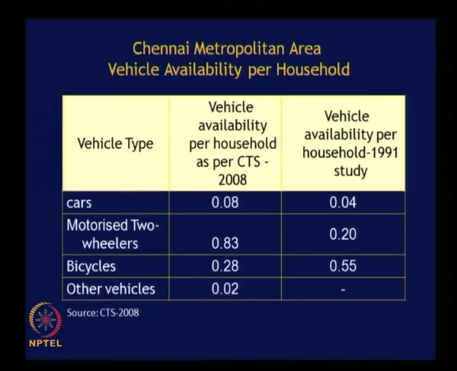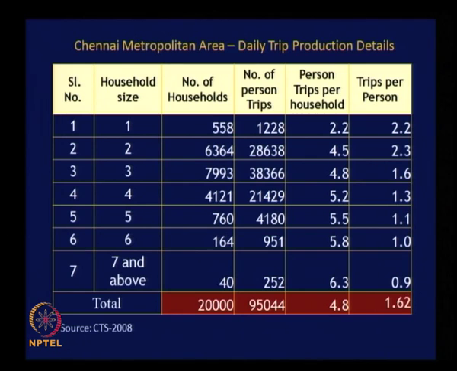Now one additional information which may be of interest to us in connection with trip production is this. Daily trip production details of Chennai metropolitan area are shown here. Household size is given from 1 to 6 as well as 7 and above. The number of households in each category, same as we have seen earlier, total number is 20,000.